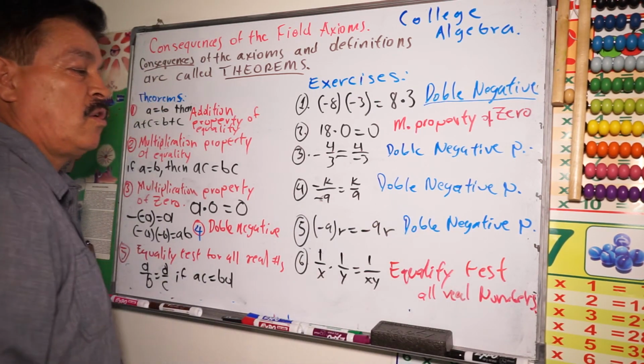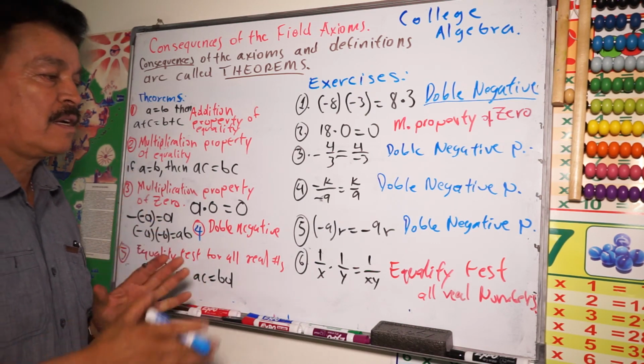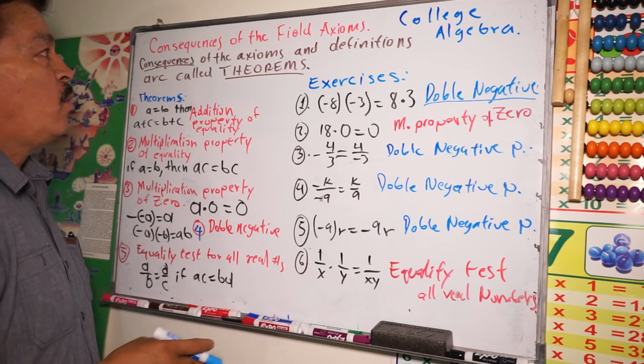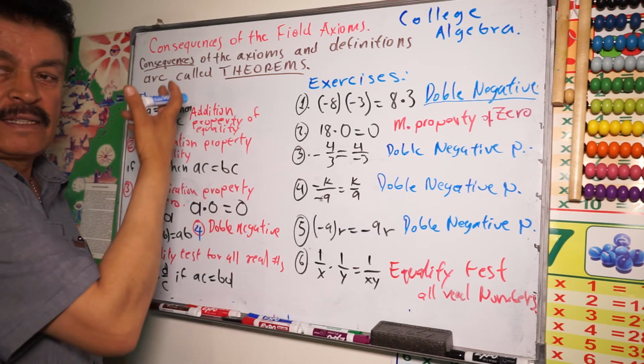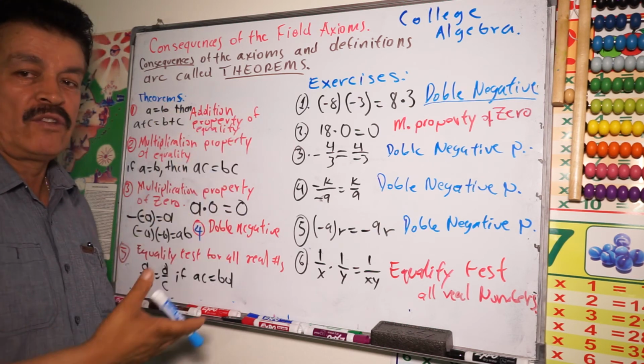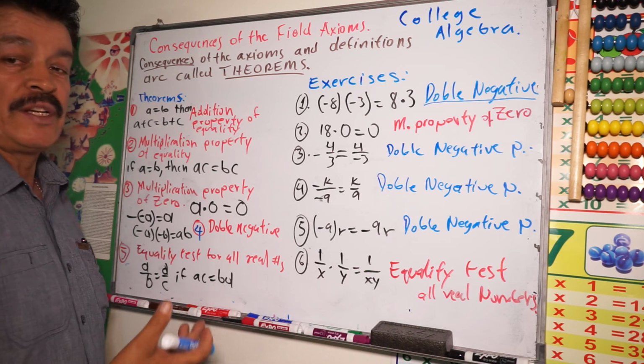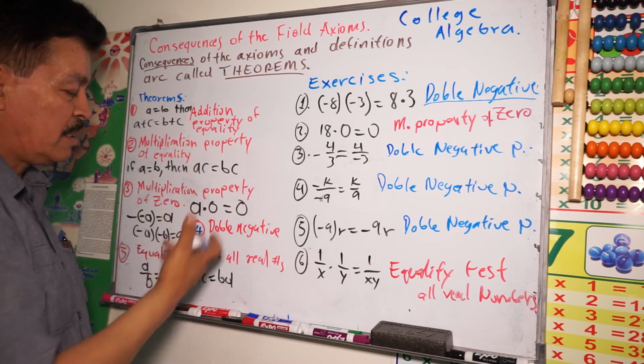All right, so this is the topic for today. We are going to try to understand the consequences of the field axioms. The axioms are called theorems in algebra. When you have a theorem, it's a property.